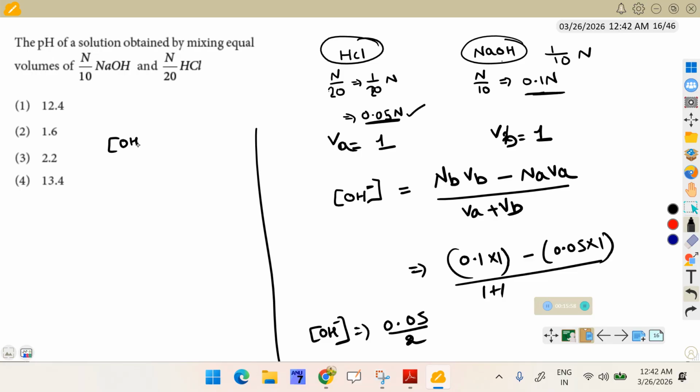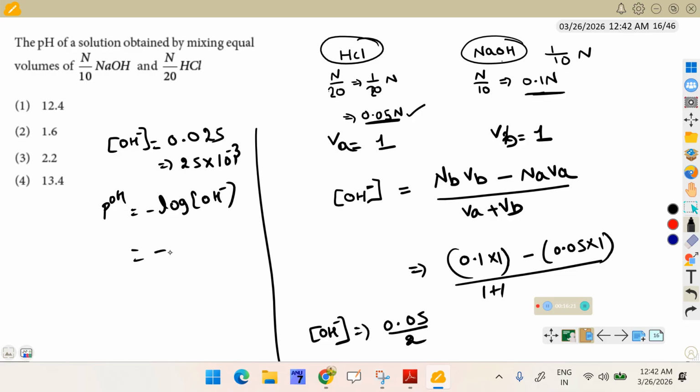Then OH minus ion concentration is equal to 0.025. It can be written as 25 into 10 power minus 3. pOH is equal to negative log of OH minus ion concentration, negative log of 25 into 10 power minus 3.